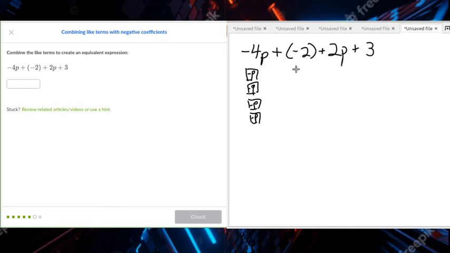So here I'm going to add negative 2. Here I'm going to add 2 p's. And here I'm going to add 3.